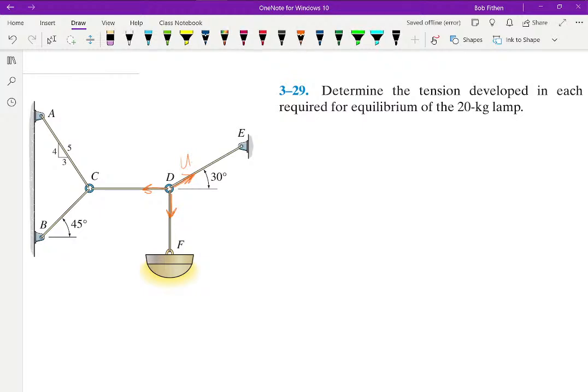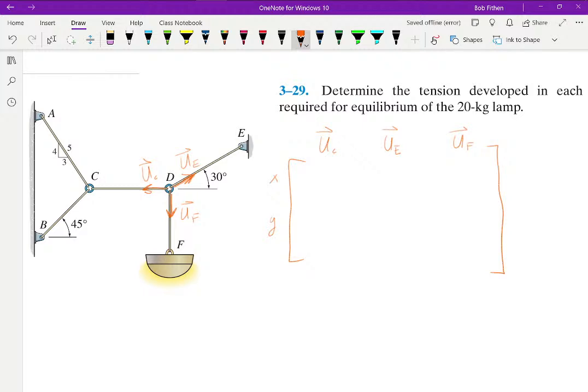Since it's located at D, I'm just going to say what direction they're going. UF and UC. Now, I'm going to go ahead and list the X and the Y components. This is maybe a little unorthodox, but UC, UE, and UF.